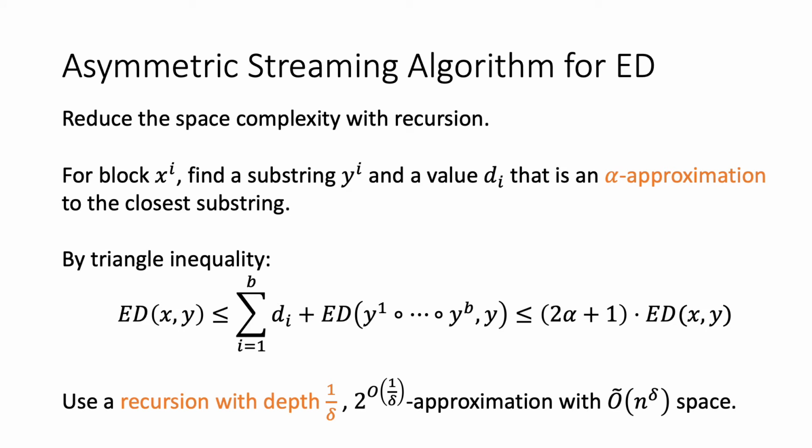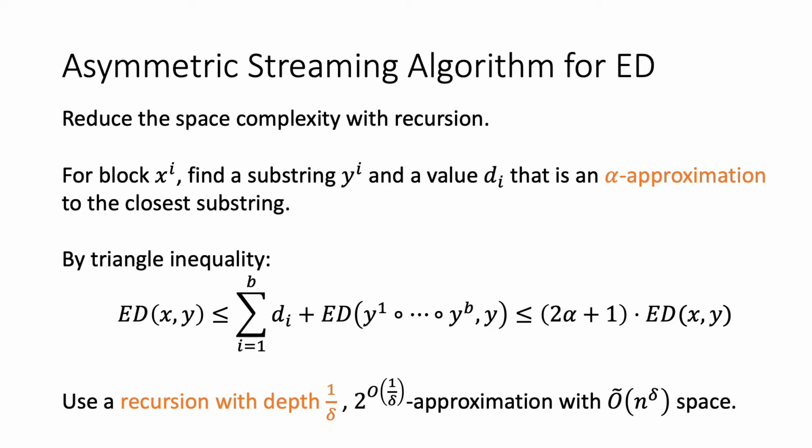This allows us to design a recursive structure. At each recursive step, we divide the online string X into n^(2 delta) blocks, and for each block, we recursively find an approximate solution to the closest substring. The recursion stops when the online string has length smaller than n^(2 delta).